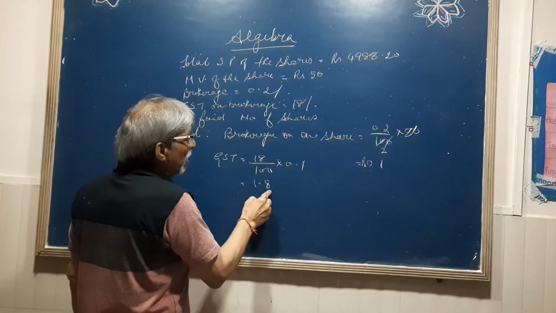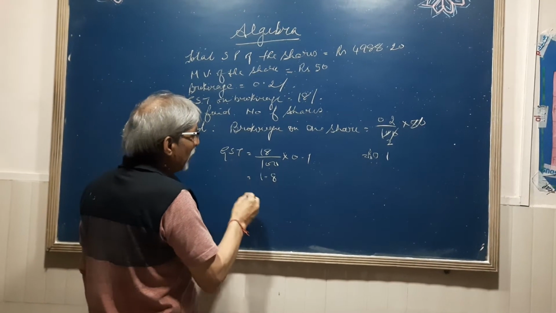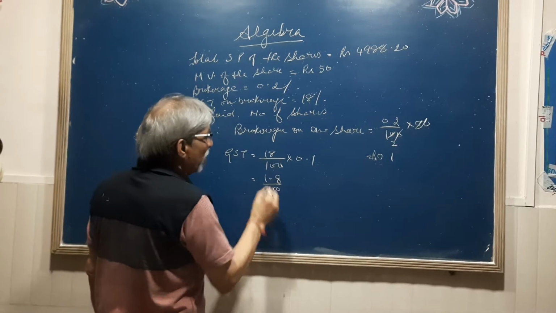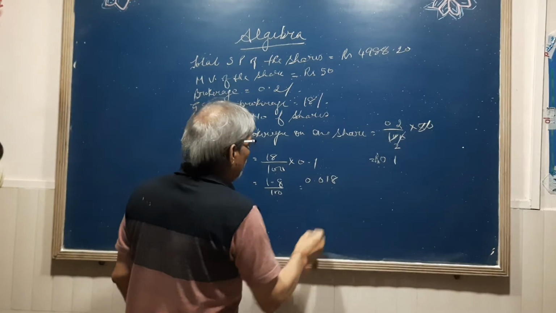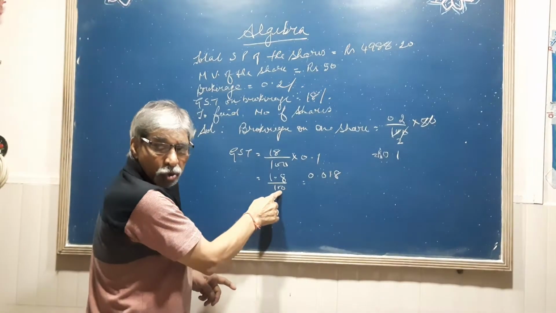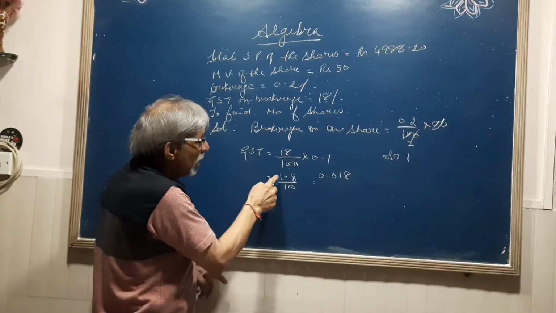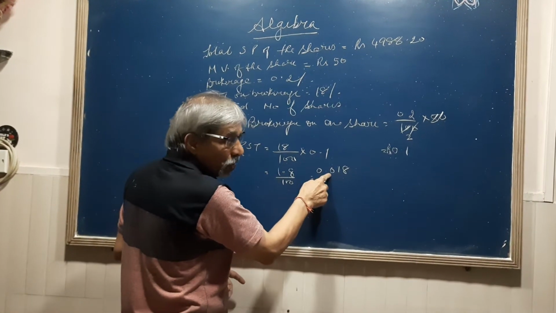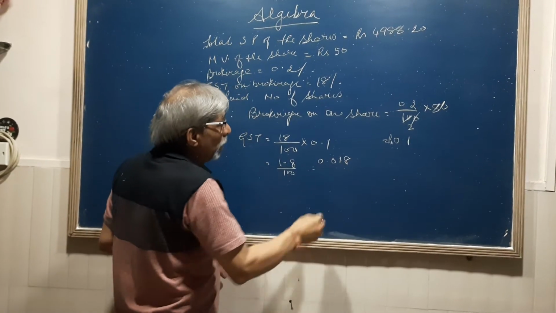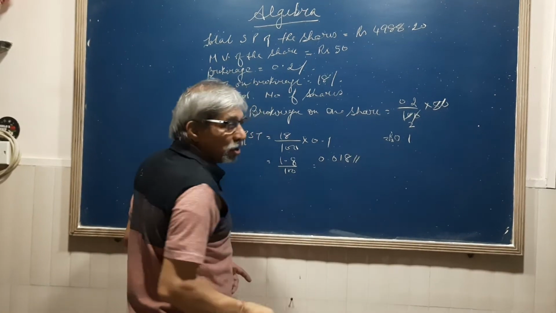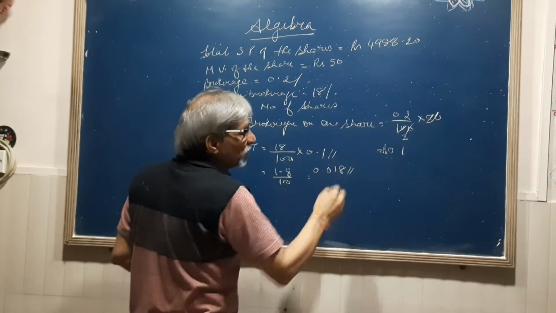So we will divide by 100, and the decimal will go two digits to the left. 1.8 divided by 100 is equal to 0.018. There was only one digit, so it took a 0. So it became 0.018.